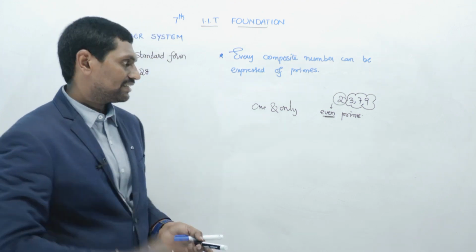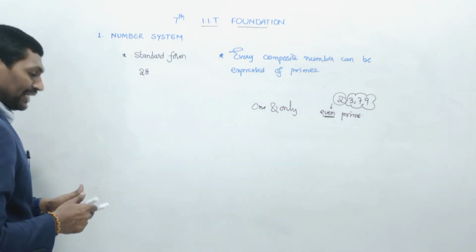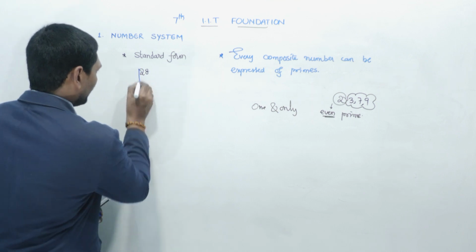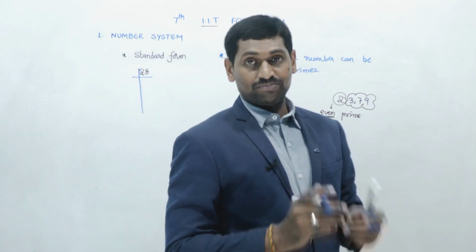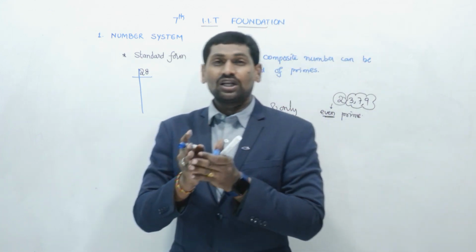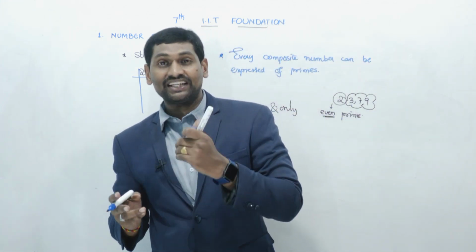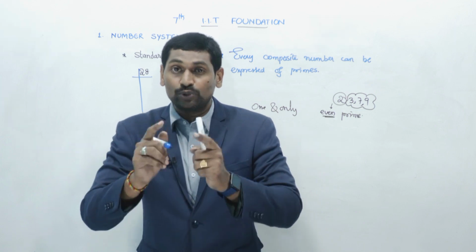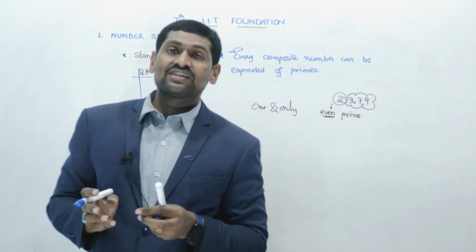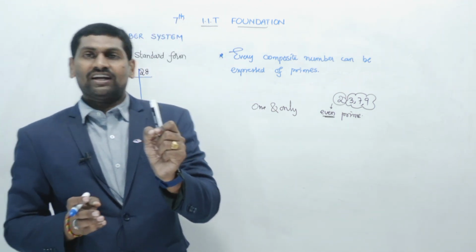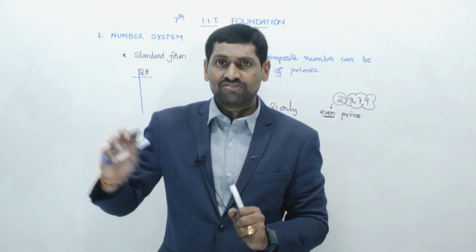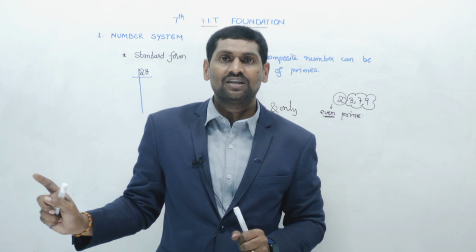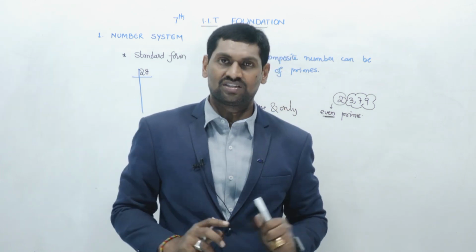Clear? Right. Now I am taking 28. Let me try to express it as a product of primes. The product of primes, or prime factorization, of a composite number is unique. Unique means if I do the prime factorization or anyone else does it for any composite number, you will get the same prime numbers.